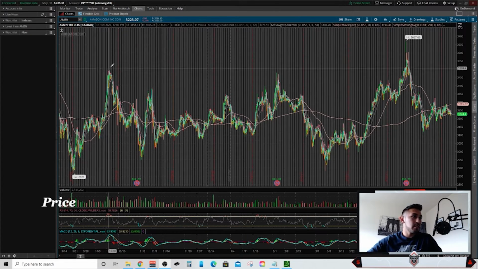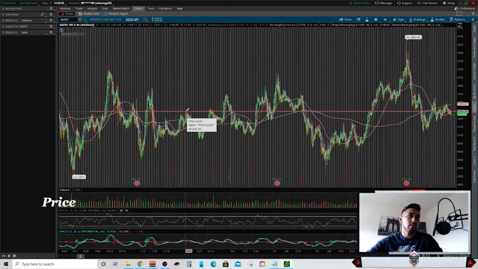So for range bound, I would consider the bigger outer and lower extremities to be the range. This is usually the range that this certain asset will trade in. But when you start getting into specific trading price points of support and resistance, that's when you start going into the finer details of the chart and seeing that, well, for whatever reason at this level, for example, this level, which is around 3240-ish or 3250, this level tends to hold as resistance and support, vice versa.